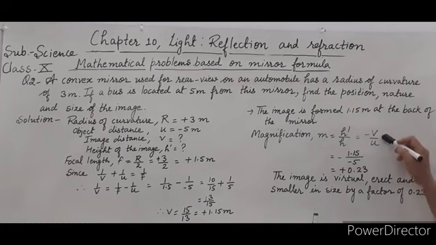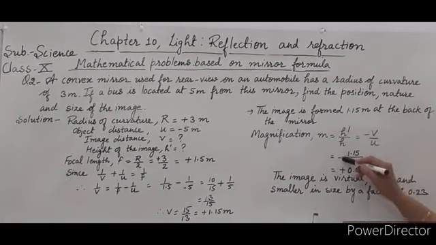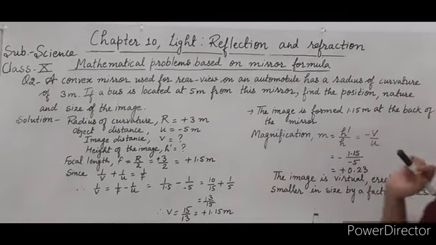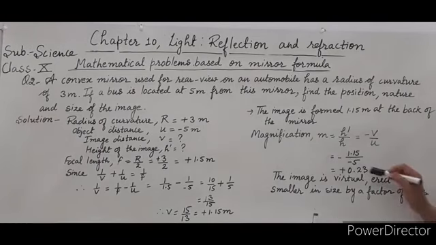We have calculated v is equal to 1.15, so minus 1.15 divided by u. u is minus 5. Minus by minus gives plus. By calculation, it is approximately equal to 0.23.